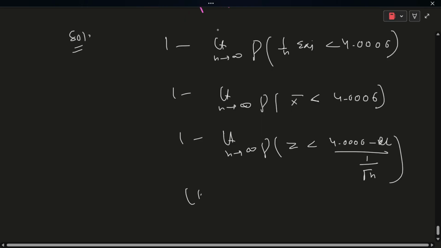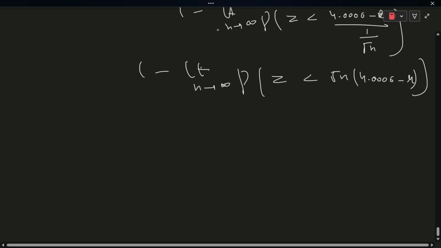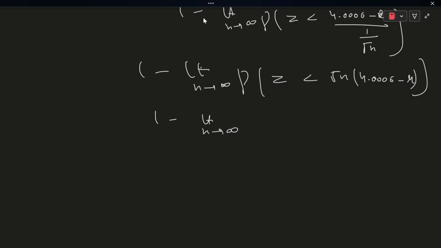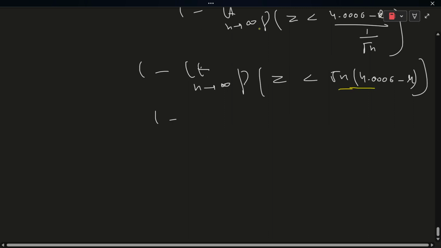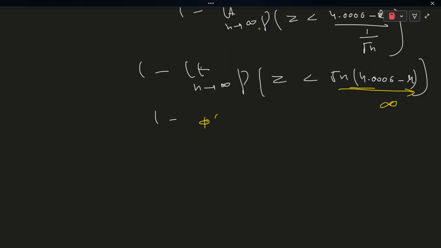So 1 minus limit n tending to infinity, probability z is less than under root n into 4.0006 minus mu divided by 1. So ये क्या होगा, 1 minus limit n tending to infinity, इसको मैं ऐसे लिख सकता हूँ, देखो ये कहाँ जा रहा है, n into something, जब मैं n tending to infinity तो ये infinity पे जाएगा. So this is phi of infinity, and phi of infinity क्या होता है, 1 होता है.